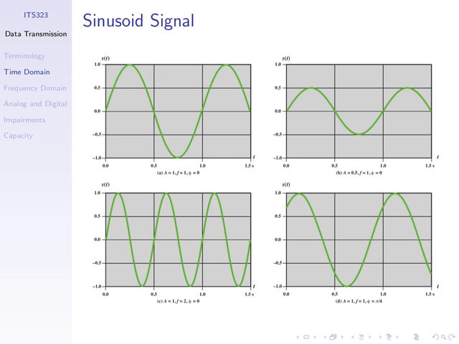If t equals 0.25, or 1/4, then 2 times pi times 1/4 is pi on 2.